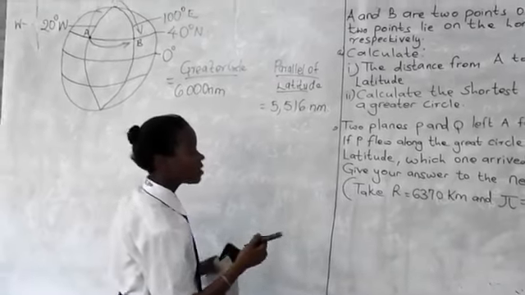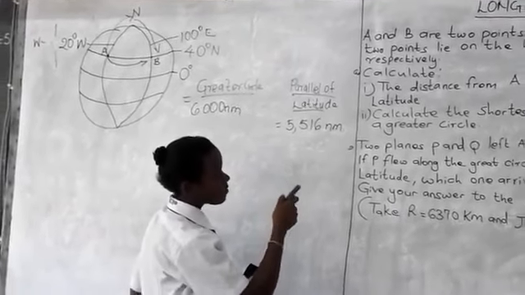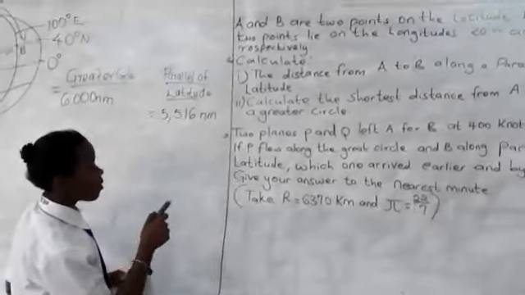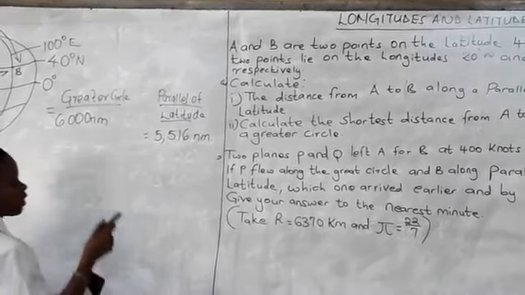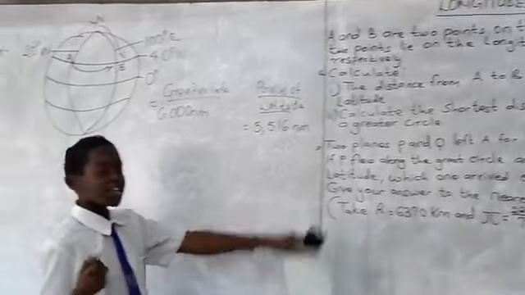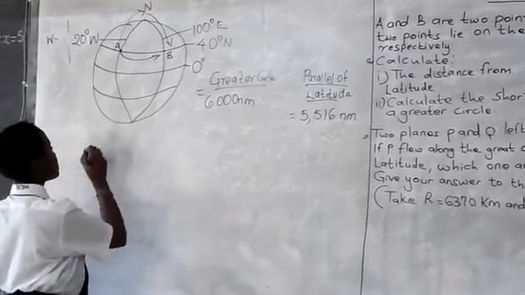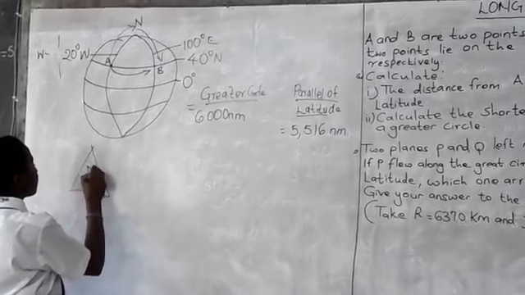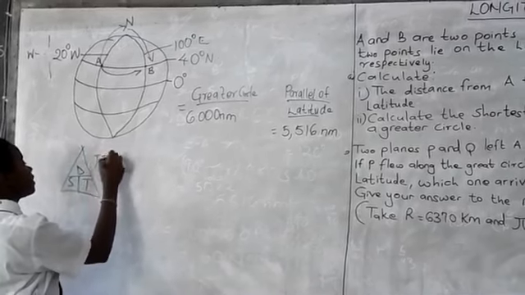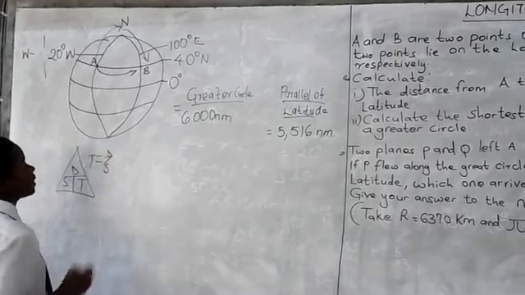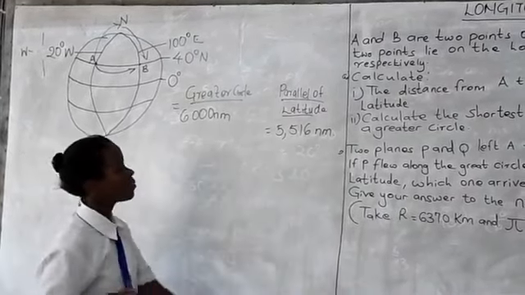Now you've been asked which one arrived earlier and by how long, meaning the question wants us to calculate the time, of which you always know this formula, distance, speed, time. Meaning, if you want to get time, it will be distance over speed. And we have our distance and the speed.